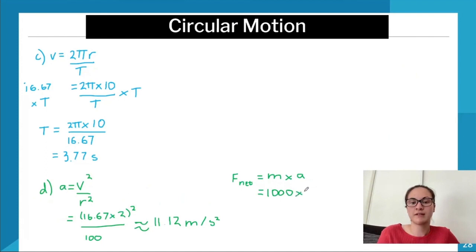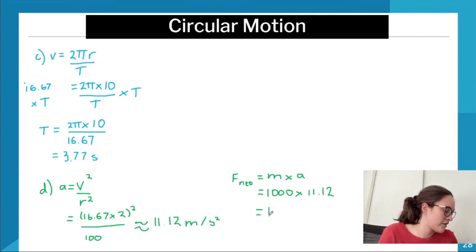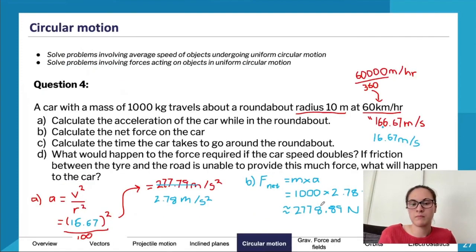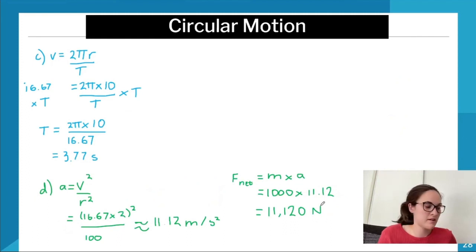Multiplied by that acceleration, which is 11.12. And we get 11,120 Newtons. And let's compare it to the old one. We had 2,778.89, whereas we've got that here.